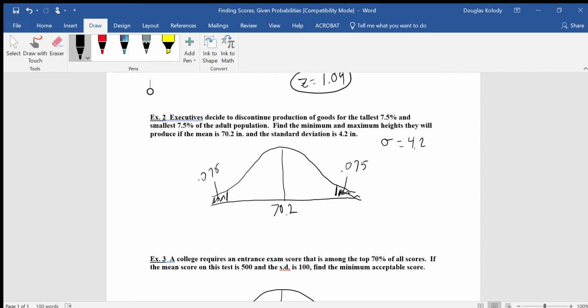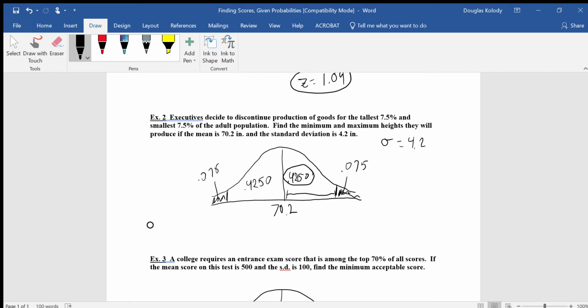But what I'm really interested in is the area from the center out to this, because that's what my z-table measures. So if I do 0.5 minus 0.075, I get 42.5%, or 0.4250, and another 0.4250 here. This is what I'm going to look up backwards on my z-table.